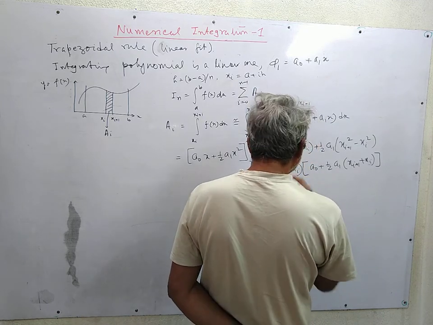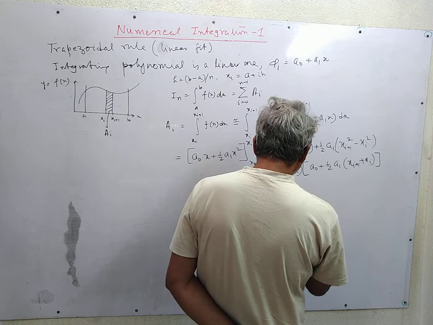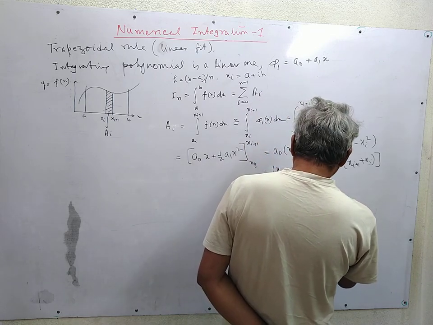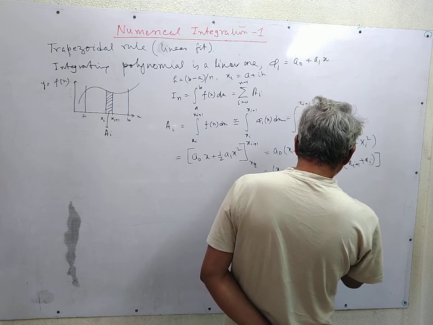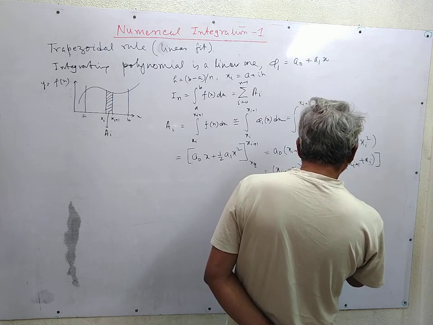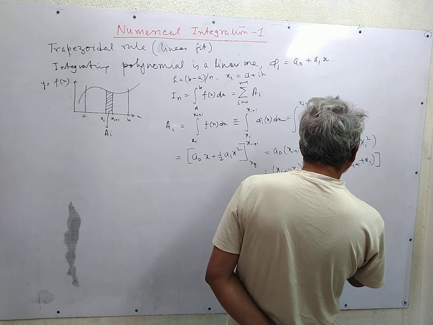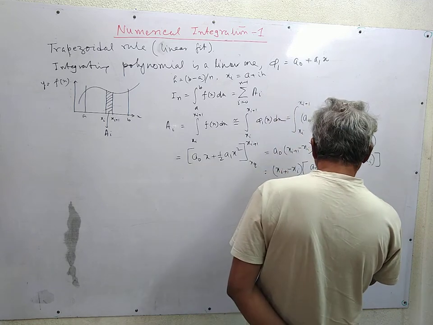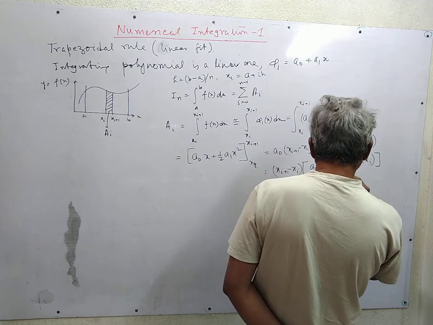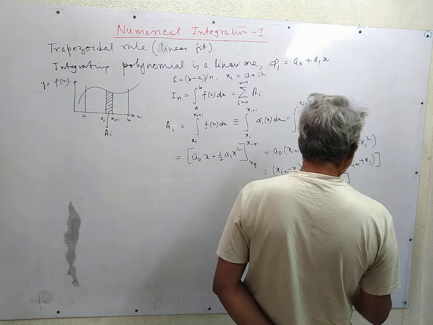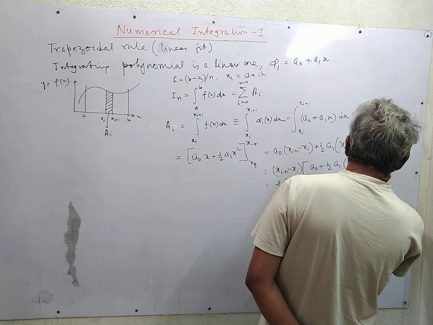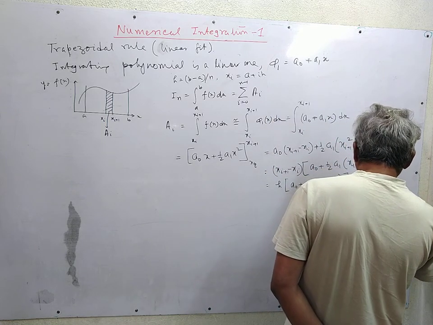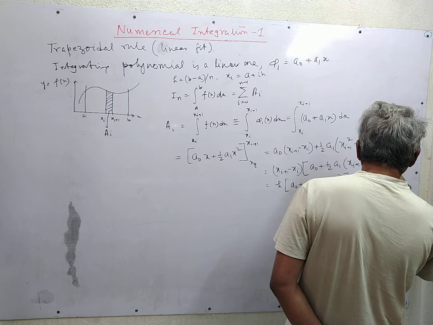this is equal to h times (a0 + a1 xi) plus h by 2, as xi+1 is equal to xi + h.